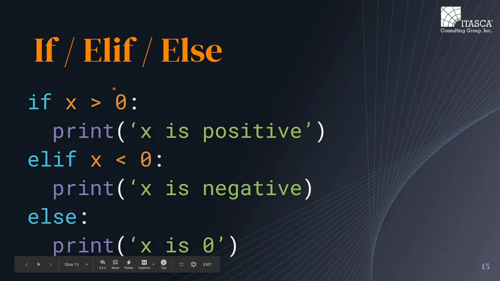If this first Boolean evaluates to false though, then this second Boolean is evaluated next. If this second Boolean, x is less than 0, evaluates to true, then this print statement here will be executed and x is negative will be printed. If this second Boolean evaluates to false as well, then the final print statement will be executed instead.